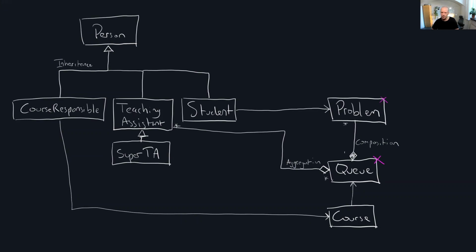So this has a more serious implication. This is a composition: a queue is composed of these problems. However, if we destroyed this queue, we should hope that all our TAs remain. They don't suddenly disappear. So we have this weaker form, the aggregation.